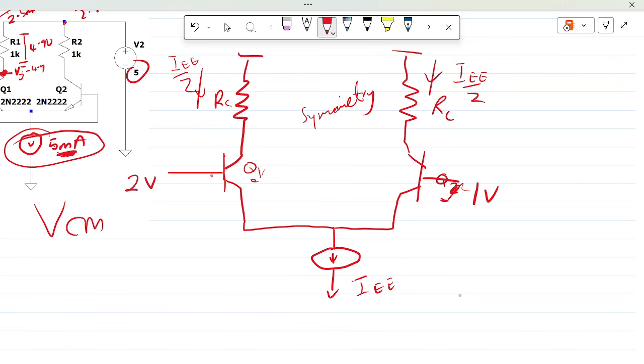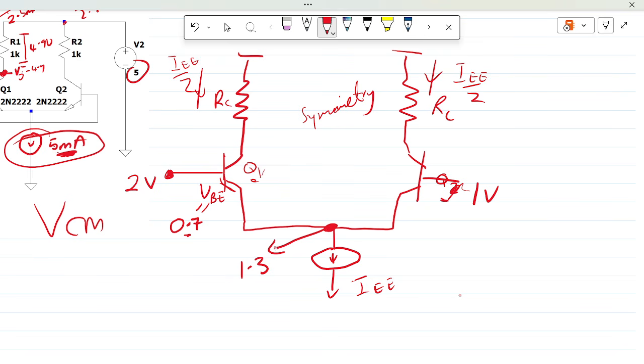Okay, so in drawing the analysis, we will just assume the base emitter voltage, which is always in the range 0.5 to 0.8. Let's assume 0.7. So if this voltage is at 2 volts and this voltage is at 0.7, then the voltage at this node has to be 1.3 to obey Kirchhoff's voltage law.